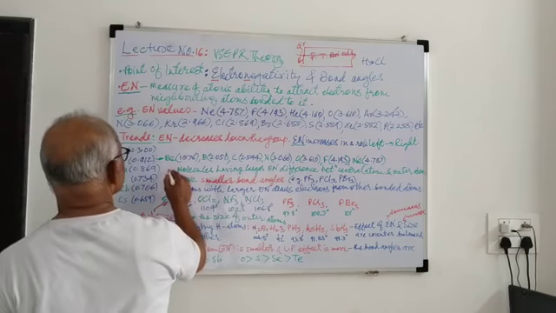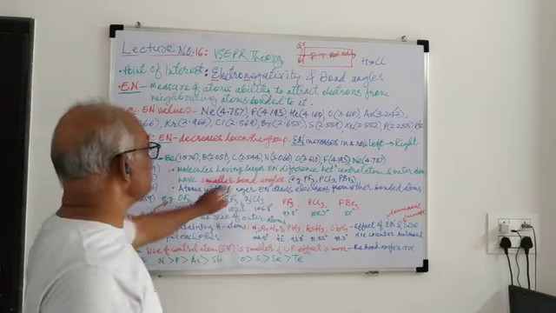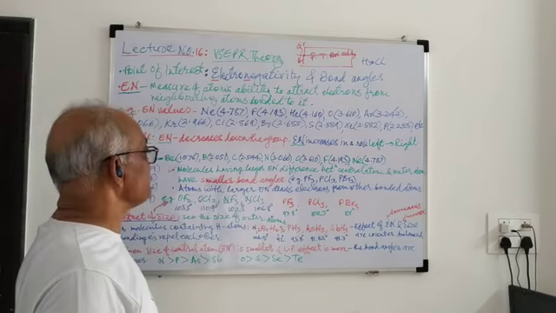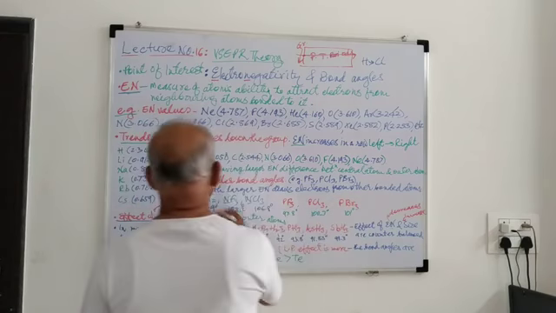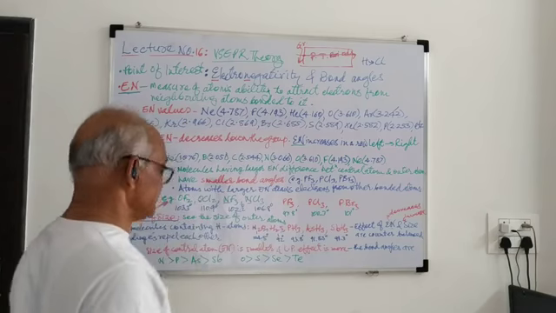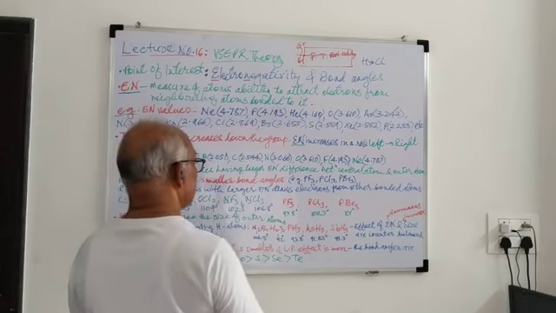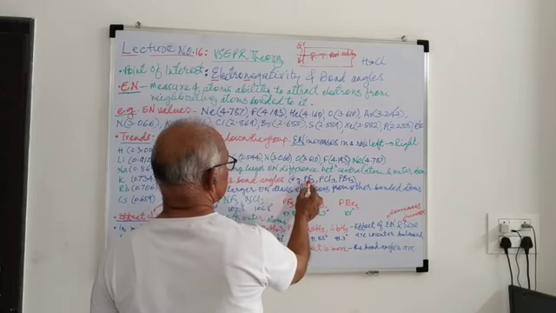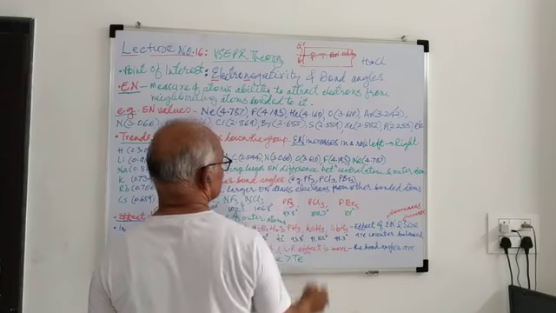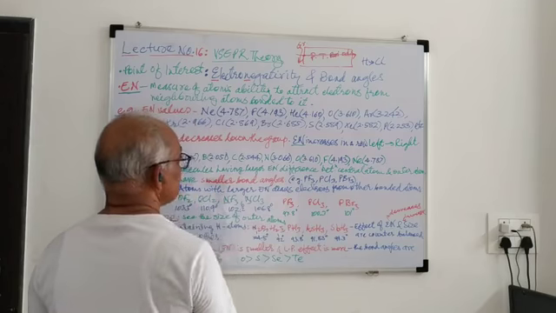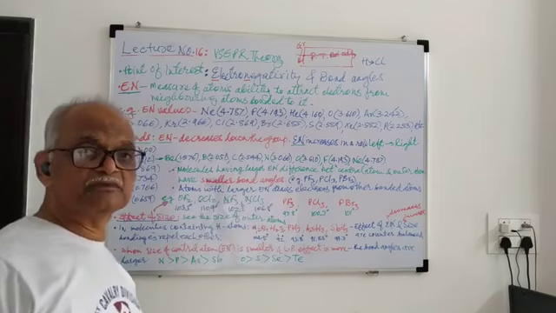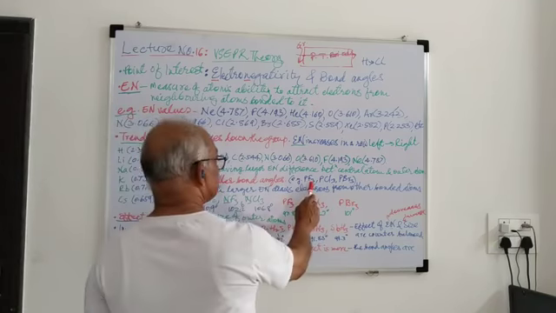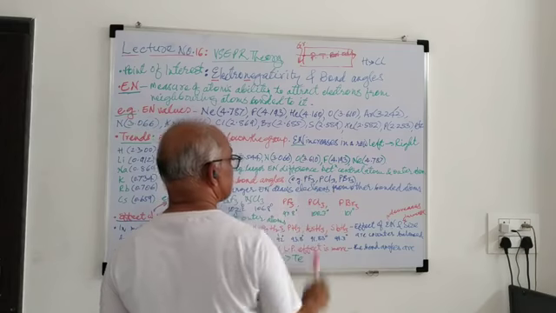Now the next point: molecules having a larger electronegativity difference between the central atom and the outer atom have smaller bond angles. You will observe this for examples like PF3, PCl3, PBr3. Here phosphorus is common everywhere, and fluorine, chlorine, bromine are the outer atoms.